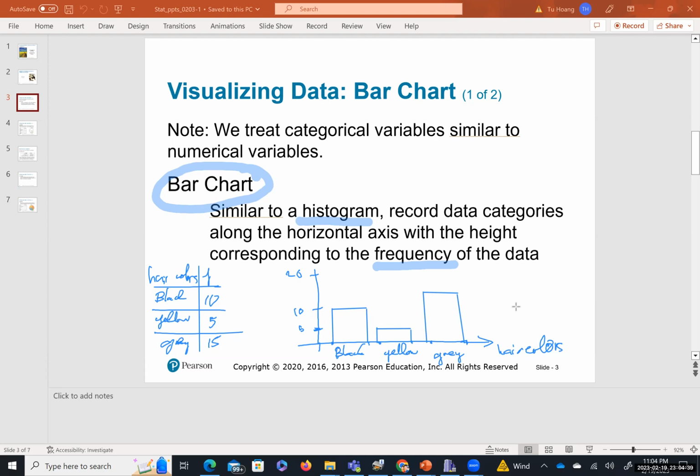So we don't have to have two consecutive bars, and that's the reason why we can have a gap between each bar there. And you see that I drew over here, there was a gap, right? So this is the difference between a bar chart and a histogram. Okay.